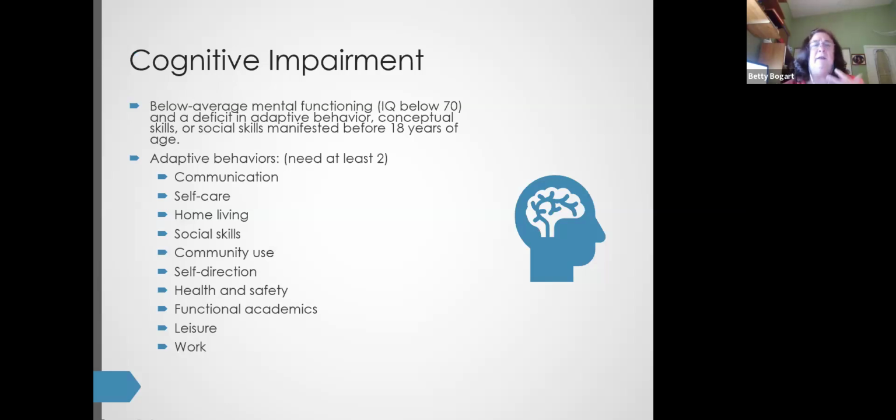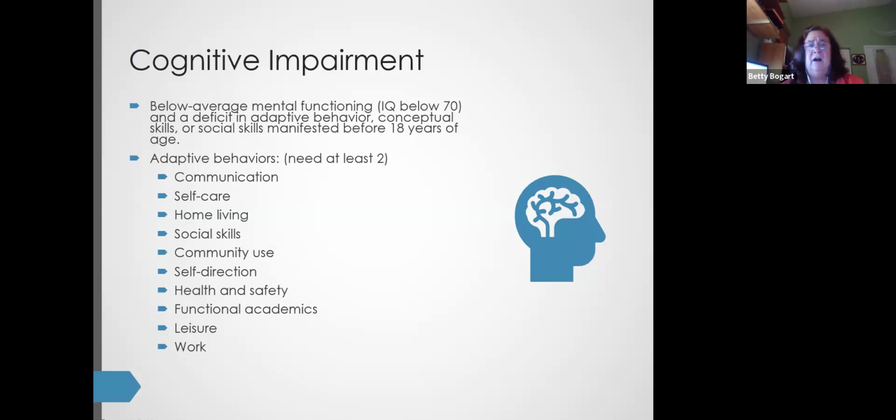So cognitive impairment means your IQ is below 70. And we can say that they have a cognitive impairment if they have a hard time communicating, they can't take care of themselves, they can't live by themselves.